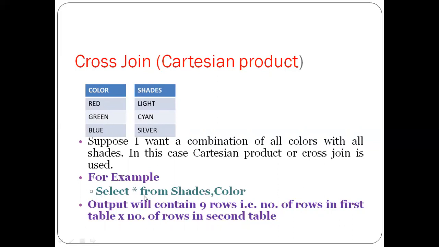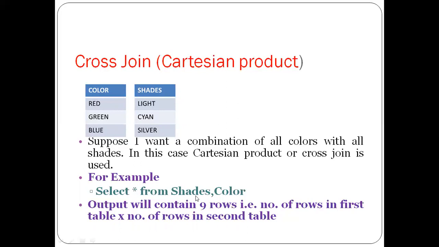For example, SELECT * FROM shades, colors. How to join? Joining means no need to write an extra command. In the same SELECT command, you can view all the records. SELECT is a keyword, and asterisk means all the records will be selected.